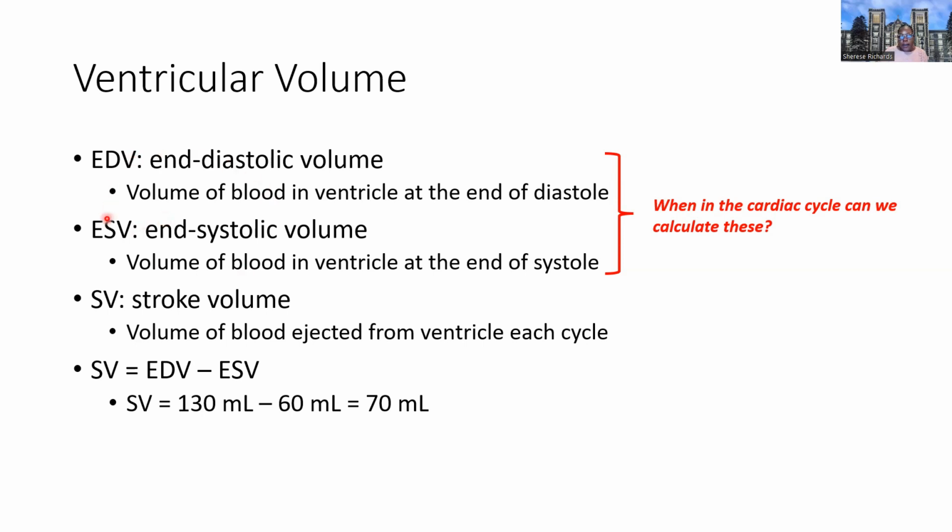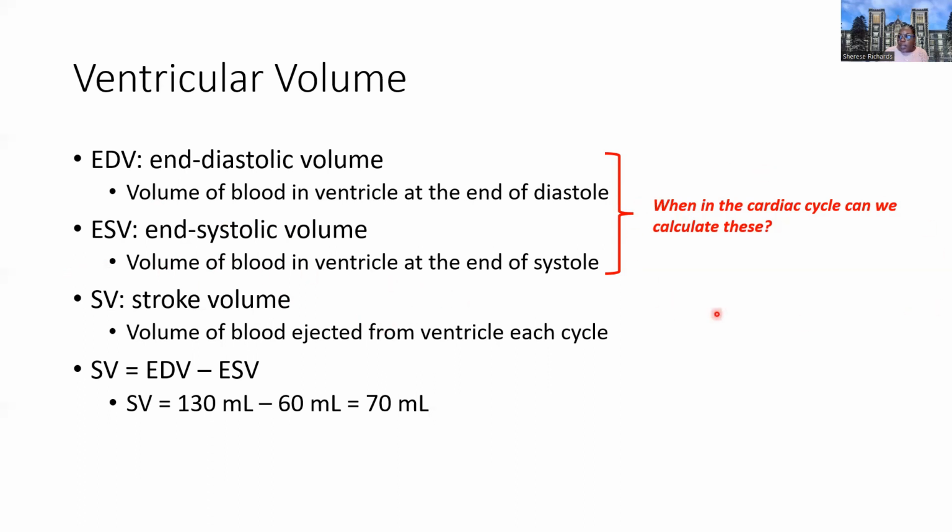It's really important to point out here that the ventricle does not completely empty. There's always some blood left at the end of systole that is going to stay in the chamber and never fully empties the chamber.